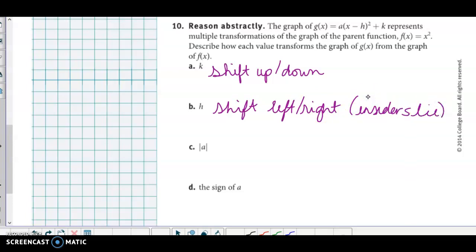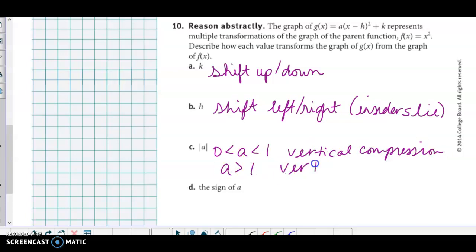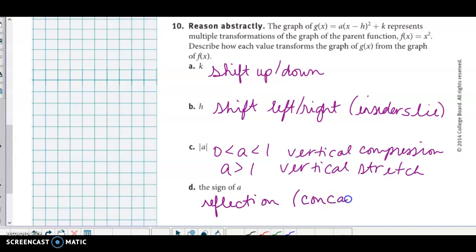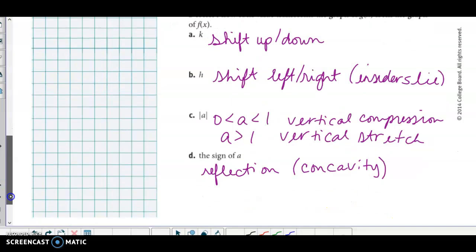The absolute value of A, so that is just the A value itself, and remember, absolute value from 6th grade is always positive, is going to determine if it is a vertical compression or if it is in fact a vertical stretch. The sign of A is a reflection. It's going to determine concavity, right?